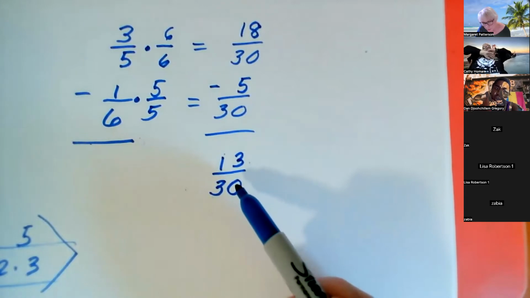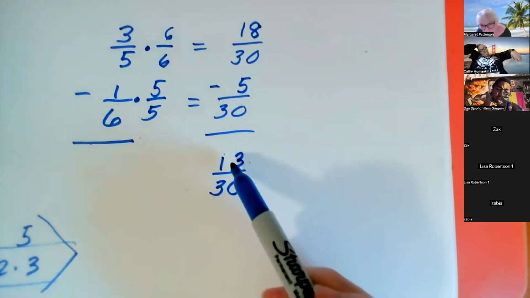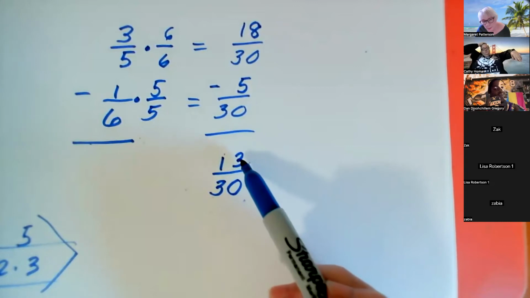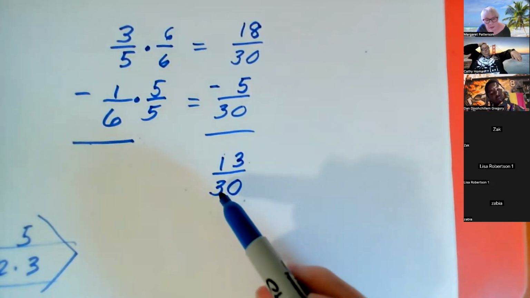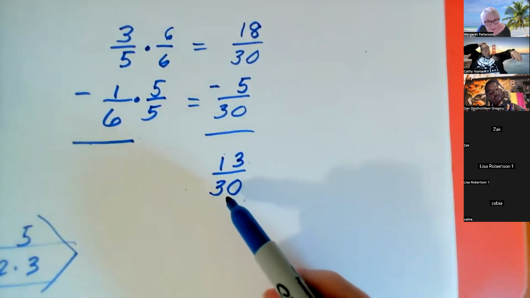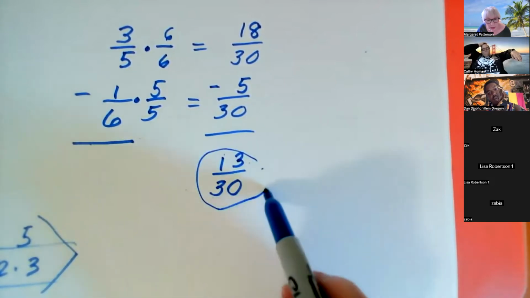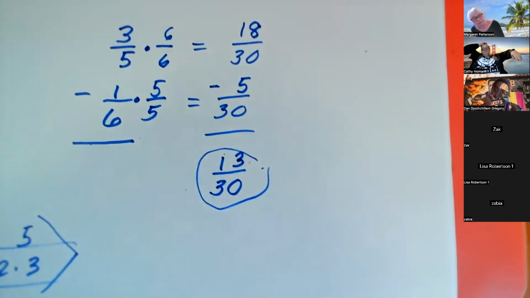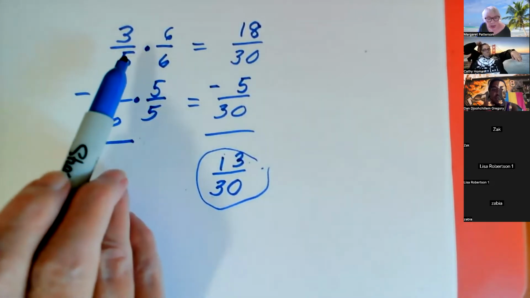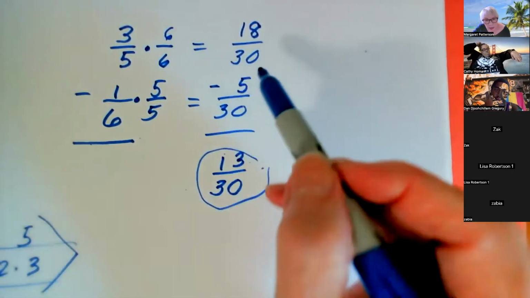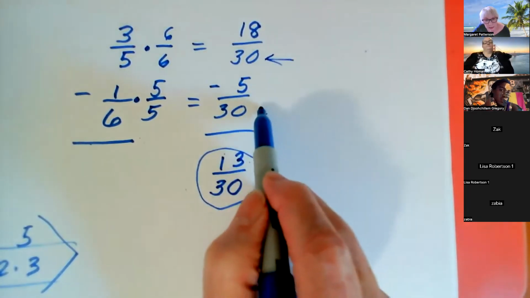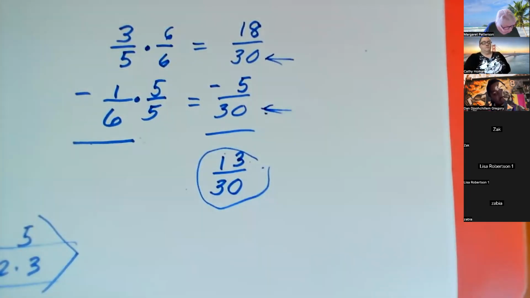No. The one clue is 13 is prime, and there's no factors of 13 and 30. And so that's good to go, isn't it? Okay. Why are we doing this? Because to add or subtract, you must have like things. And in our case, that means common denominator.